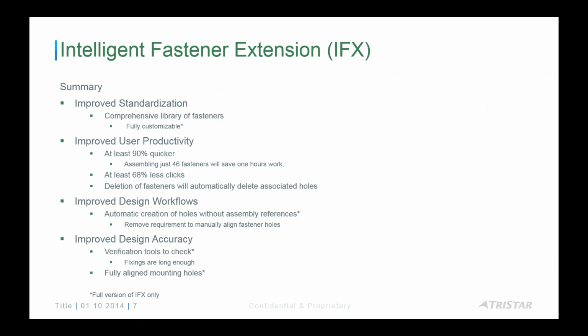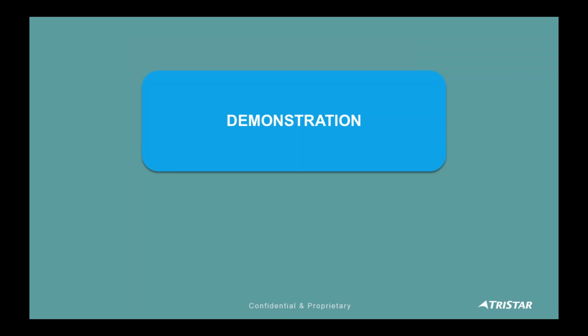We have improved design workflows with the automated creation of holes without assembly references. Again, this is with the full version only. And improved design accuracy with the verification tools to check and fully aligned mounting holes. Again, some of these options are available with the full version only. With that, let's go ahead and start our demonstration.